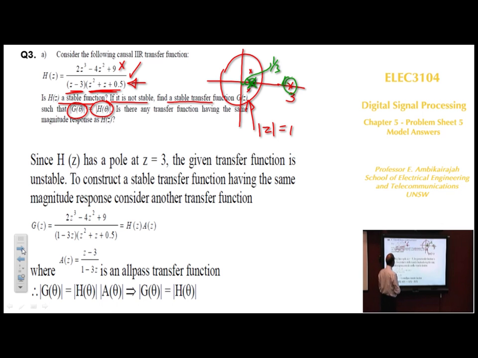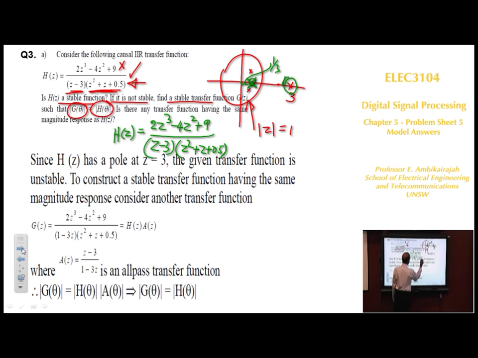So what we need to do is, we start with our function, which is H(z), which is equal to 2 z cubed. We don't need to worry about this at all. This does not contribute to any stability at all. 9 divided by z minus 3 times z squared plus z plus 0.5. We need an all-pass filter which cancels this out.